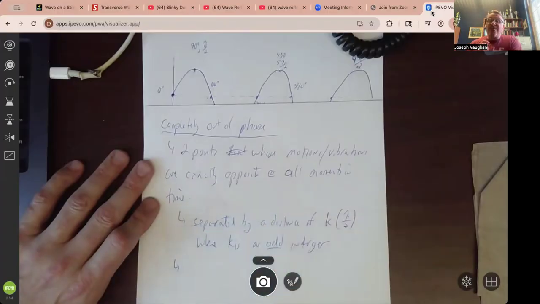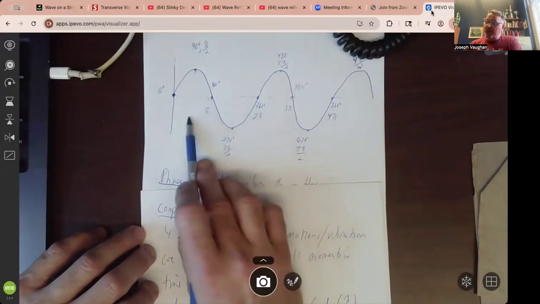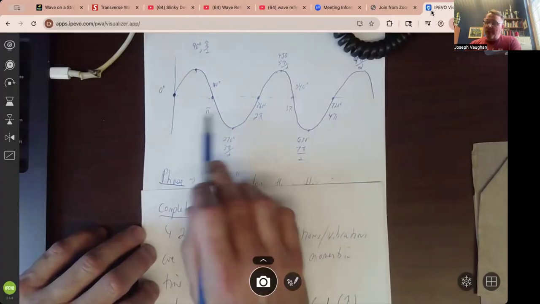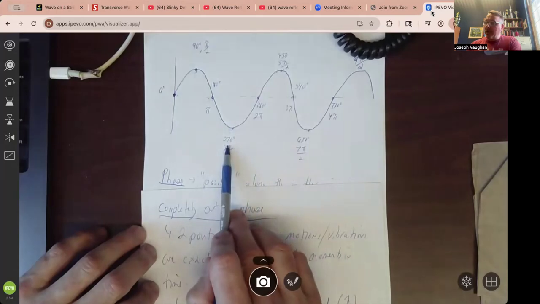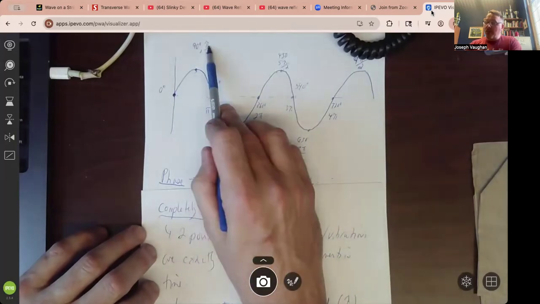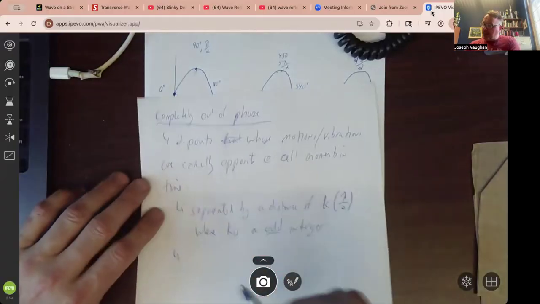From a phase difference standpoint, this point and this point, if you notice, there's a phase difference of pi over 2 minus pi, pi, or 180 degrees. Between here and here, once again, 3 pi over 2, difference of pi, or 180 degrees.